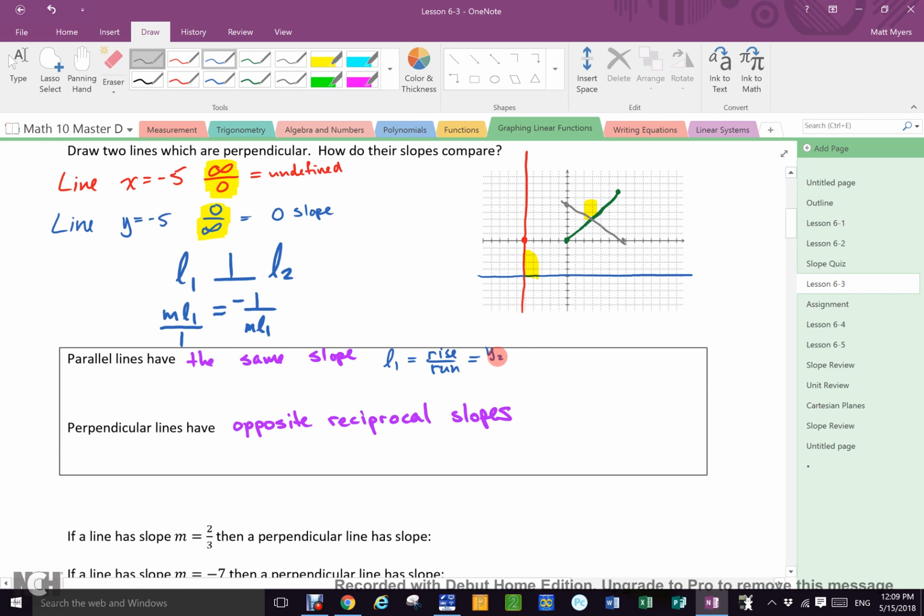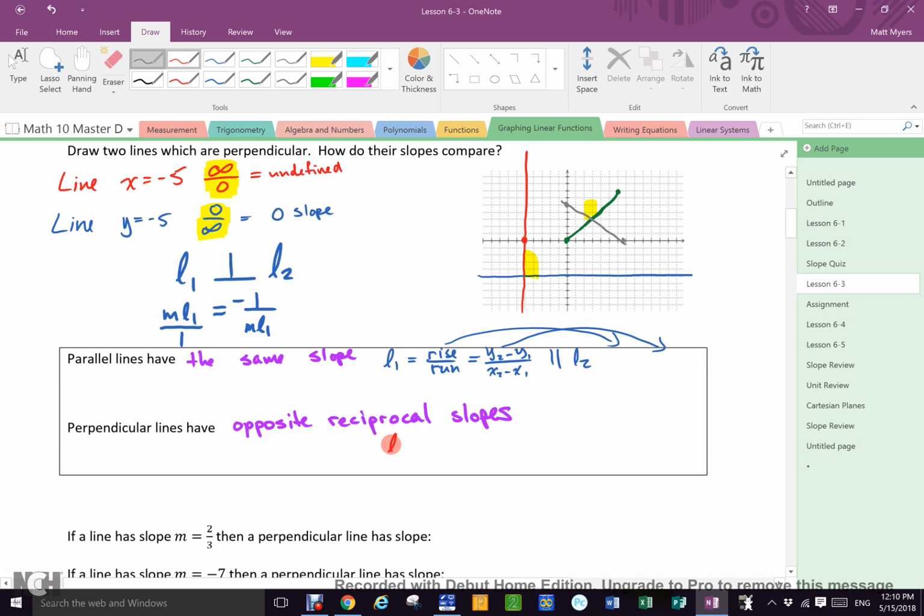Yep. y2 minus y1 over x2 minus x1. Correct? Now, if that is parallel to line 2, what will happen with this rise and run and this y2 minus y1 and x2 minus x1? They would move over here and they'd be exactly the same. Is everybody with me? Okay.